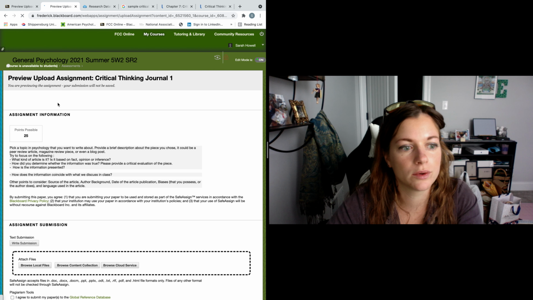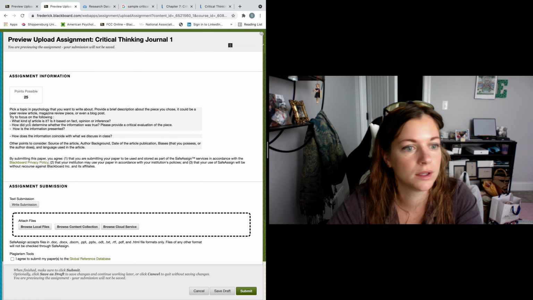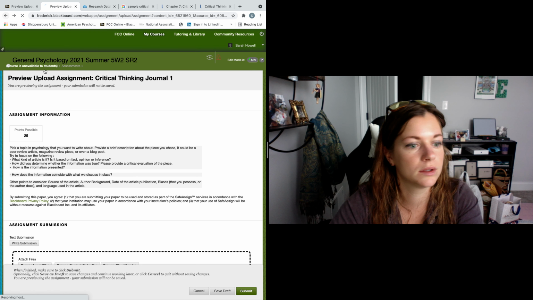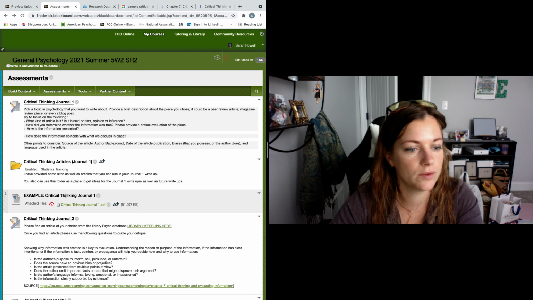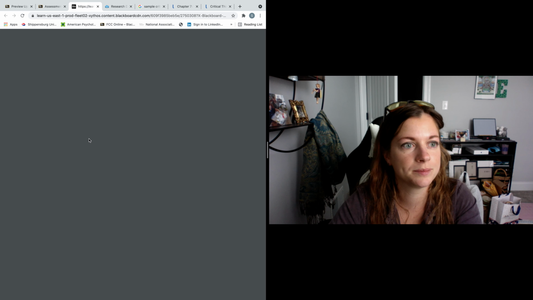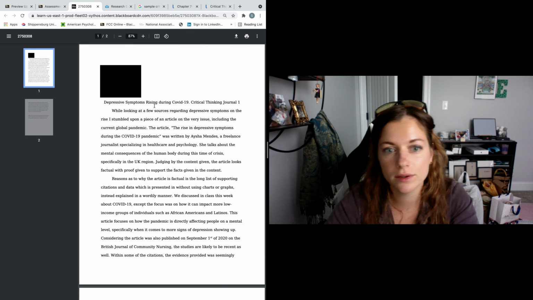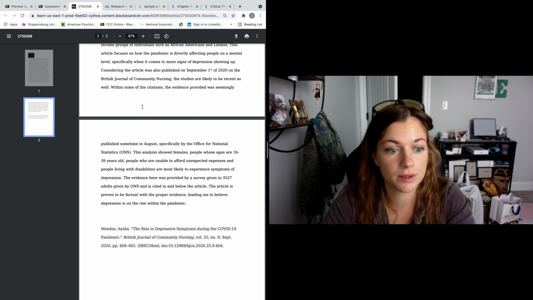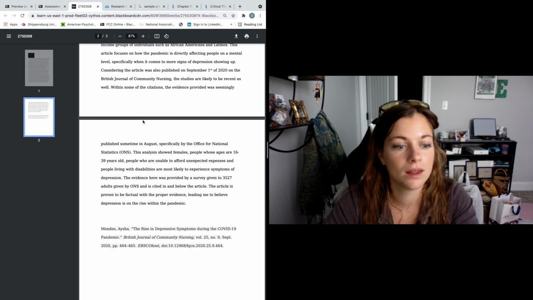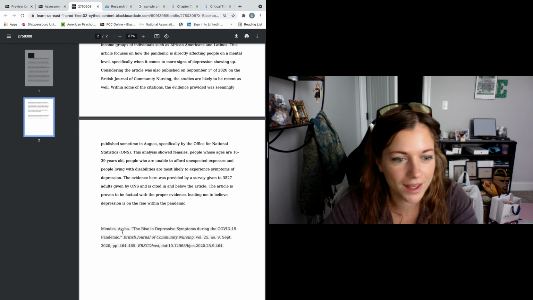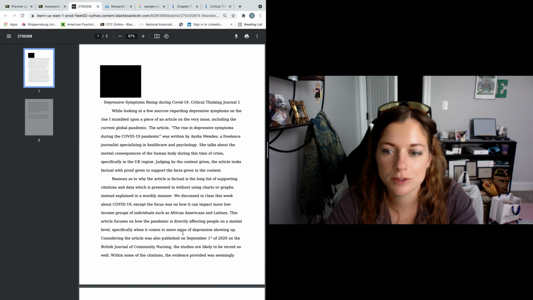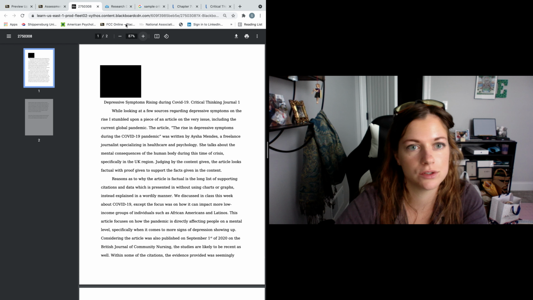Okay, we have critical thinking journal 1 right here. And then we have an example critical thinking journal right here. So this is just an example that someone graciously gave me. Try not to have this highlighted section here, so try to just write out the citation, but this was a pretty good critical thinking journal.